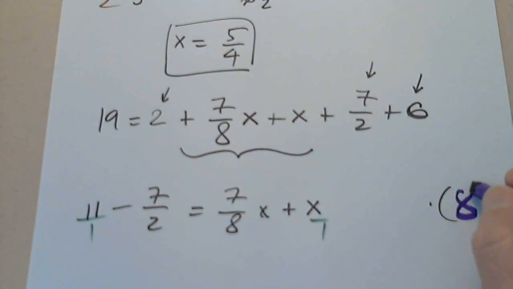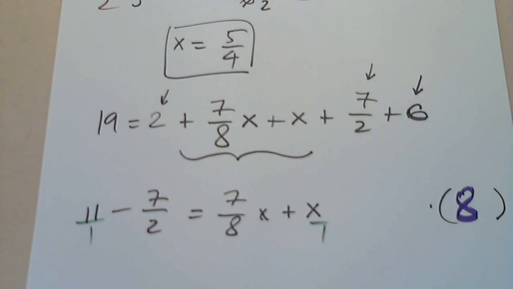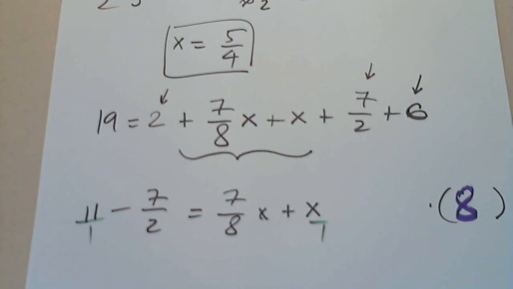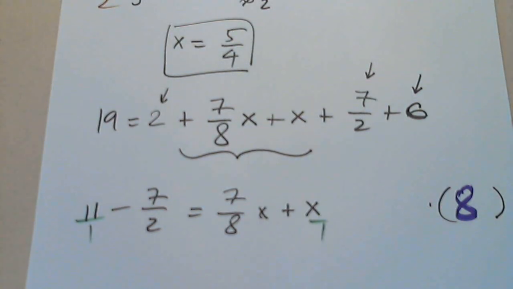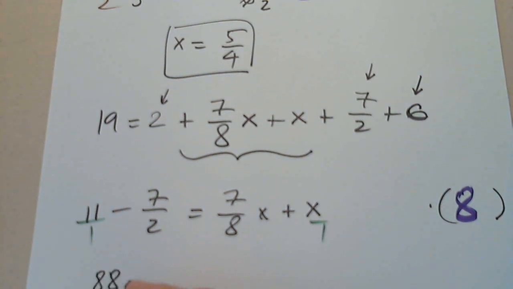Very good. We are going to multiply everything by 8. Okay? 11 times 8, 88. Minus. Do not multiply. Write it on the side. 7/2 times 8/1 and simplify by 2.